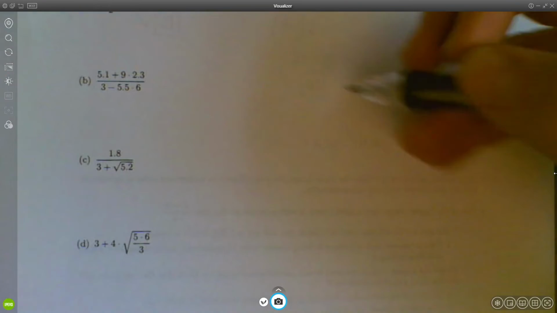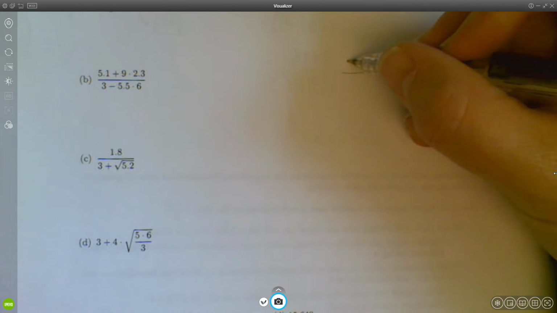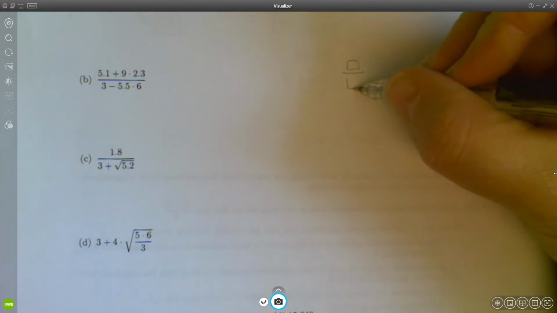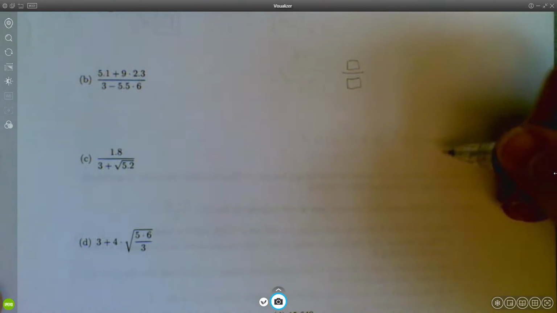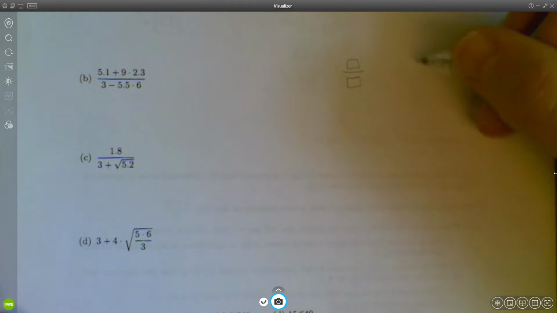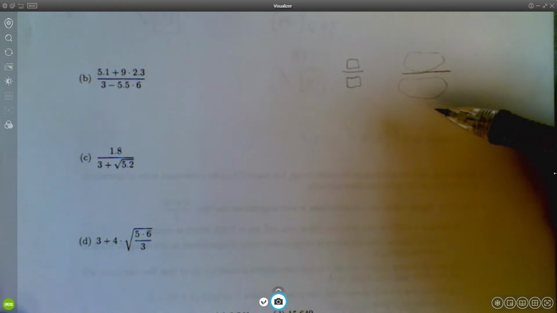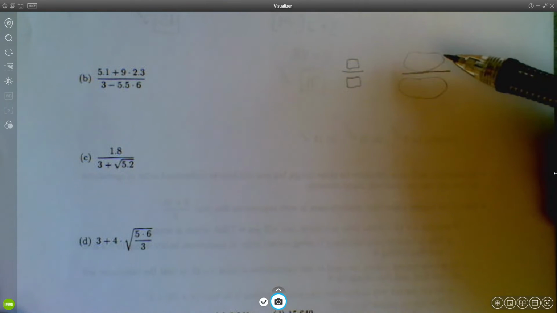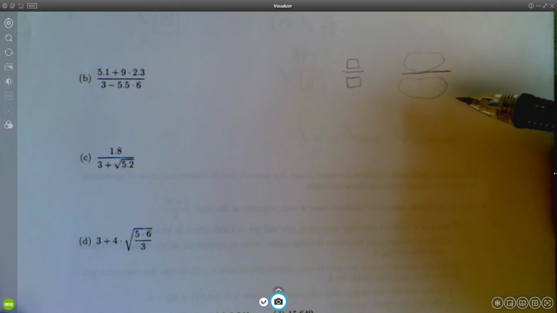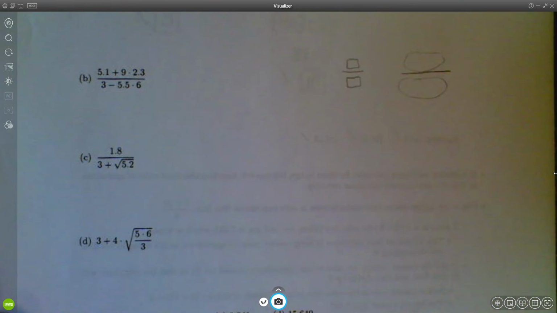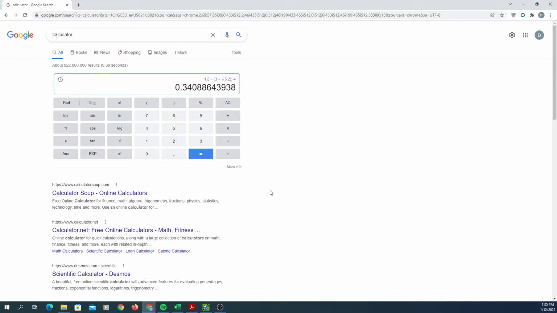A lot of you have a fancy little button that looks kind of like this, and you press that button, and on your calculator it automatically opens a screen where you can just type stuff into the numerator, type stuff into the denominator. If you have that button, feel free to use it, and then you can avoid all of this confusion about the parentheses and stuff, right? But if you're using the Google calculator or just a basic calculator or whatever, then this is the way that you would type it in.